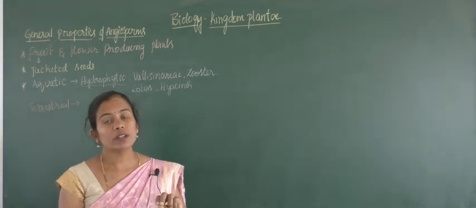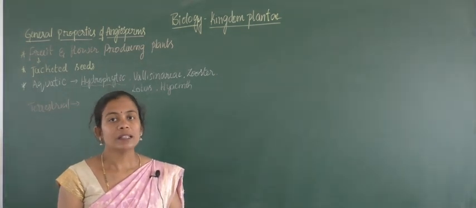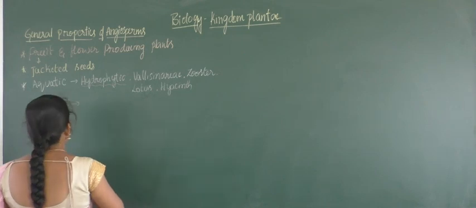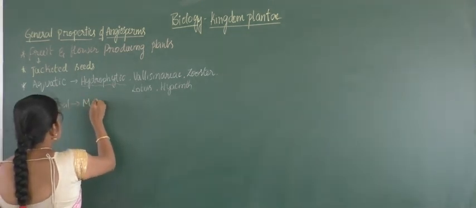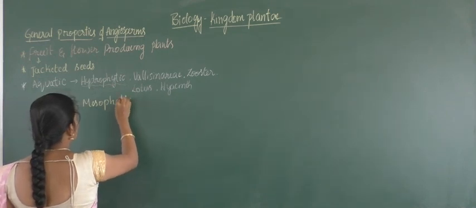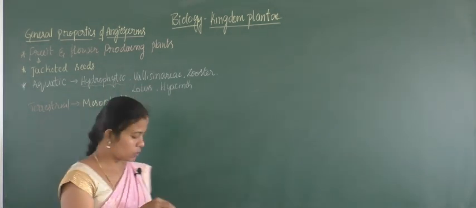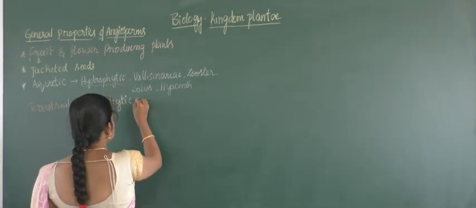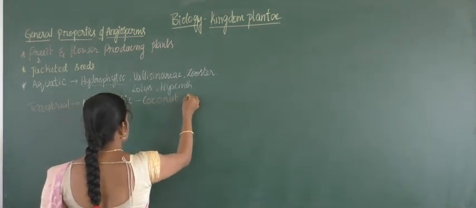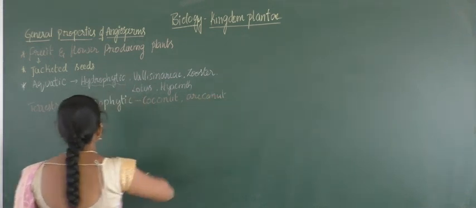That means whatever the amount required by the plant body for its growth and development, that is sufficient. Those types of plants growing in that region are called mesophytic plants. Example, you can take coconut, areca nut, mango. You can give many examples.